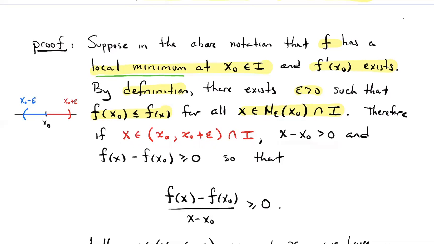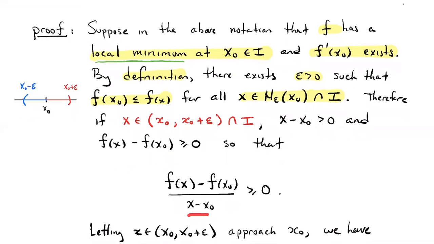We've already said that f of x naught is less than or equal to f of x, so this difference is also greater than or equal to 0. So the ratio is greater than or equal to 0. The ratio of two numbers, both of which are greater than or equal to 0, is greater than or equal to 0. The denominator, of course, cannot equal 0.